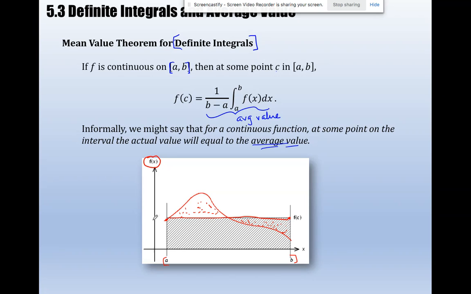This C value, f of C, C is in between A and B. Okay, cool?